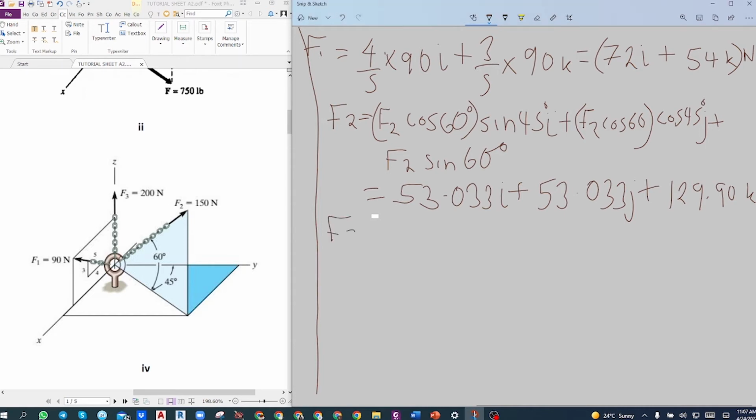My F3 in Cartesian form as a vector has only the z component of 200, so it's simply 200k, sorry, not i, k, and it is positive by observation there. So my FR now, which is the resultant, which is a vector, I'll just sum the i's together and the j's together, so you have 72 plus 53.03.